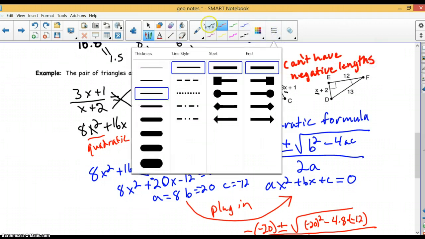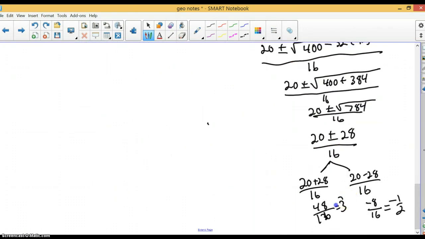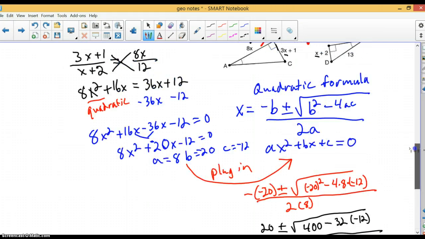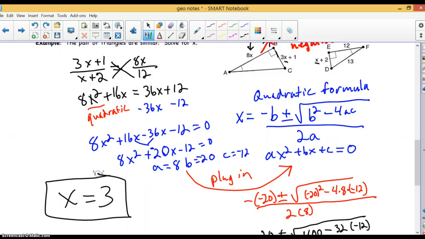So our final answer is going to be x equals 3. So you write that down, and we are done.